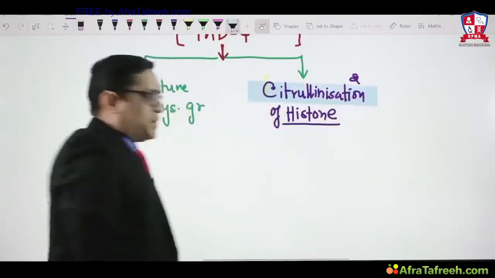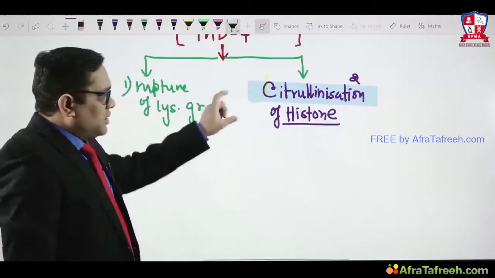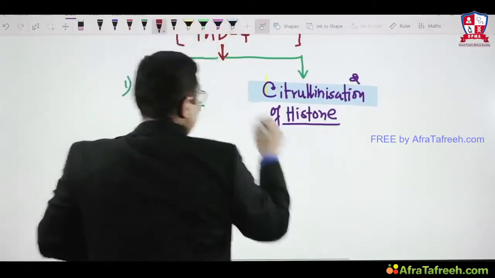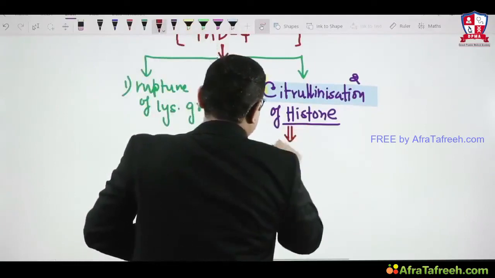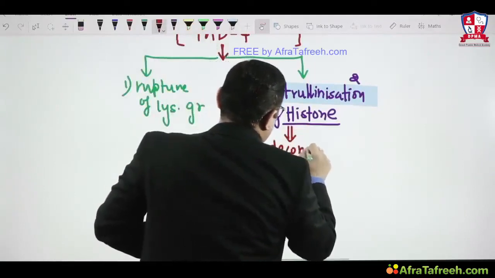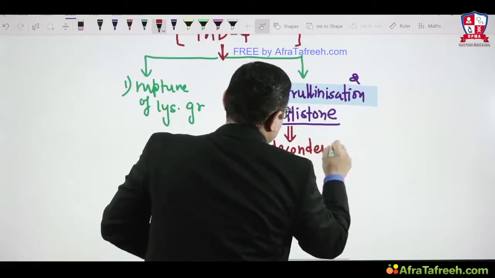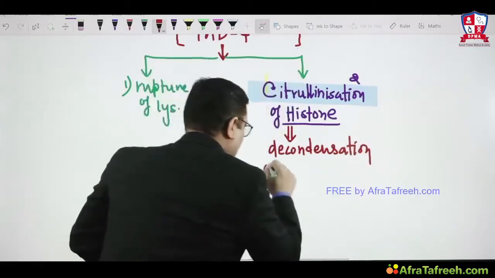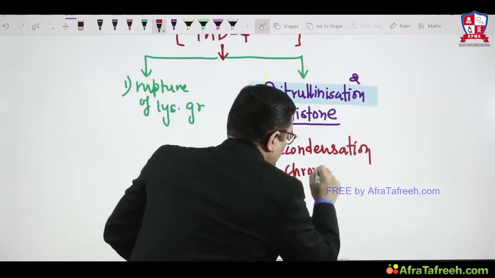Citrullination of histone occurs in NET formation. Because of citrullination of histone, what will happen? There will be decondensation of chromatin. This will lead to decondensation of chromatin.